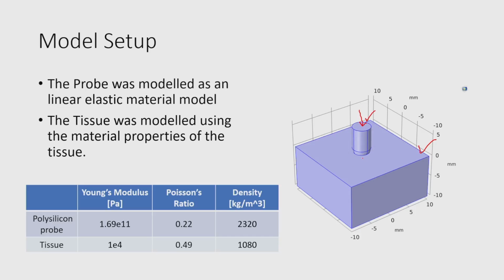And what we are also going to do is indent the probe at a particular angle. We are going to do a sweep of this angle and see how the stress below the tissue, at a certain distance, varies.